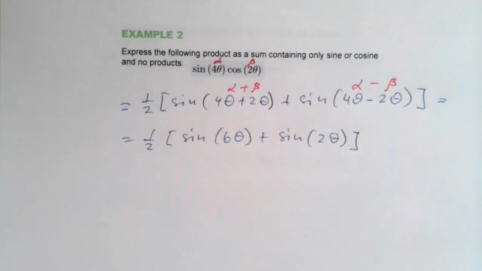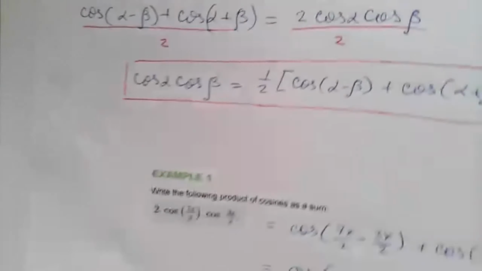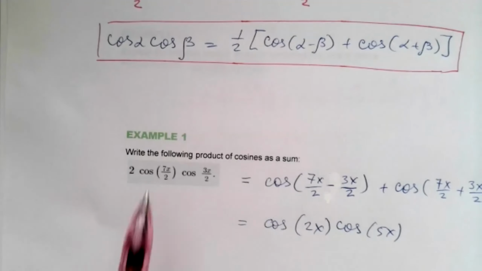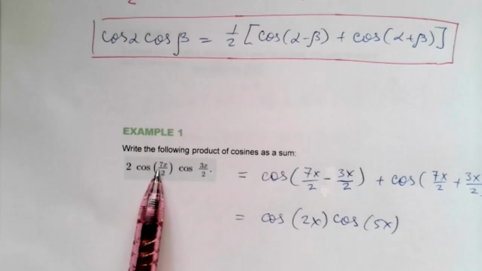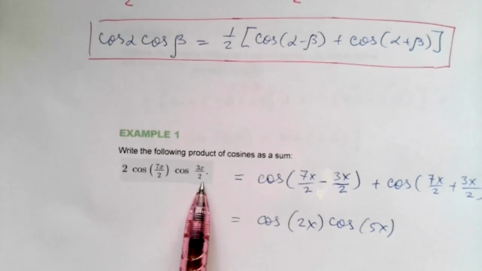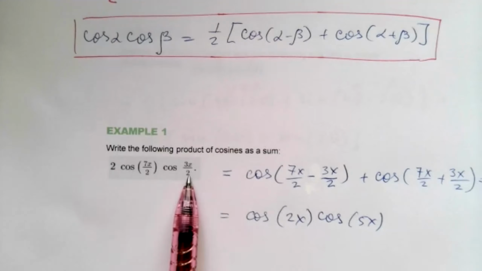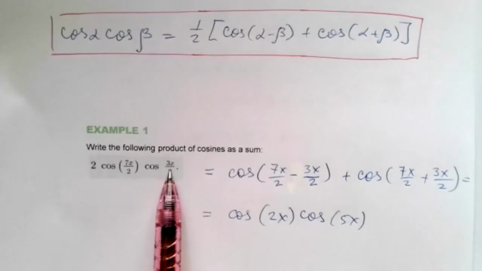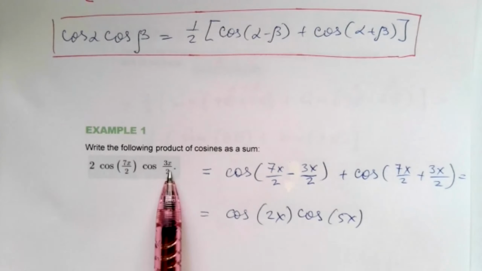And you may ask, what about the previous example? We have both cosines. So does it matter which one is alpha, which one is beta? And the answer is no, it doesn't matter. And that has to do with the fact that cosine is an even function.